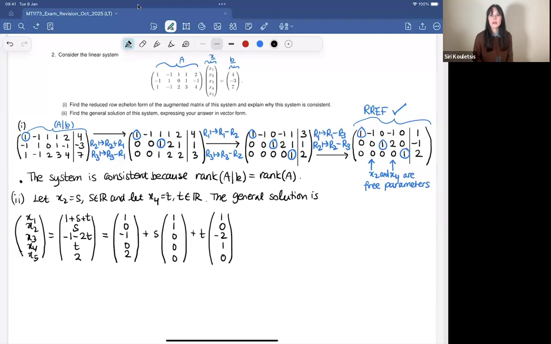And where s and t here are real numbers that can take any value. So this would be our answer to part 2.